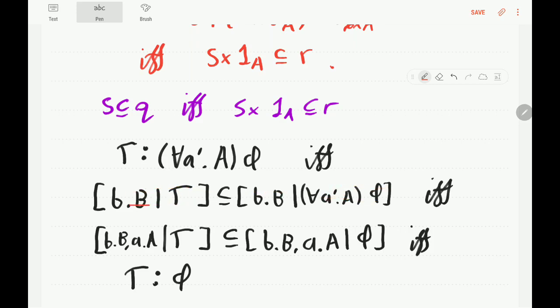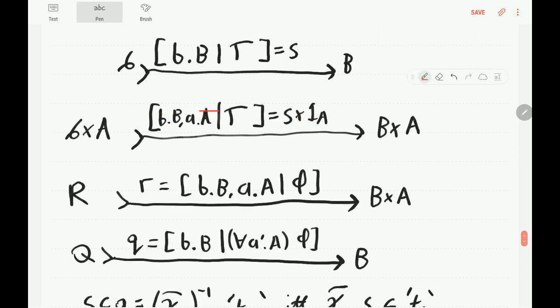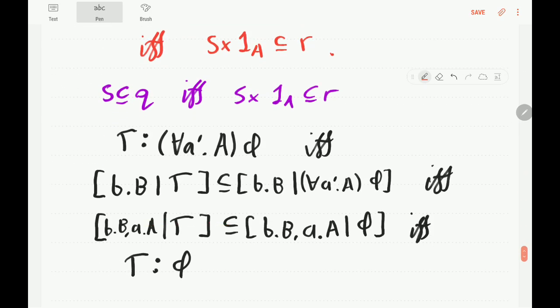Well, this thing on the left is just S, this thing on the right is just Q. So this is saying S is contained in Q. And we know that that happens if and only if S times 1a is contained in R. Well, S times 1a is the extension of gamma over these B's and A's. So there it is. And R is the extension of phi over these B's and A's. So we have that this holds if and only if this containment of extensions holds, which is equivalent to saying that gamma implies phi. So we're done. Simple as that.